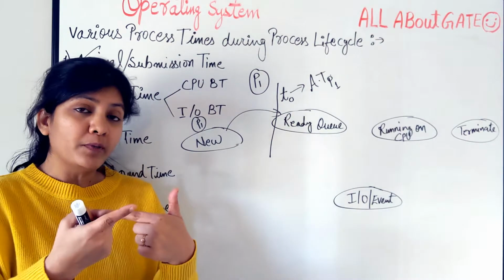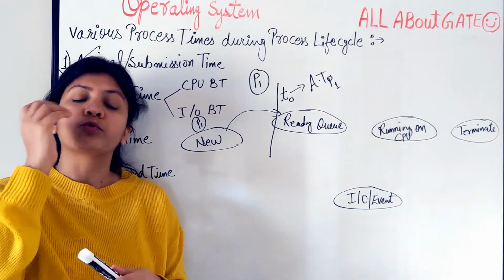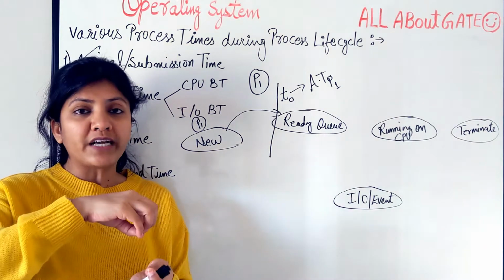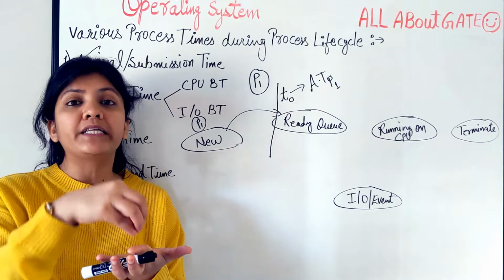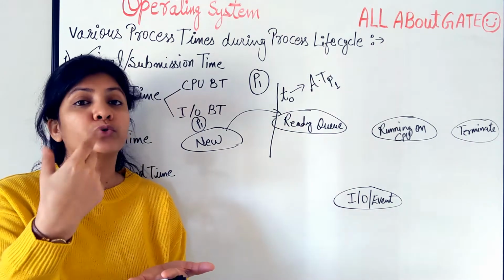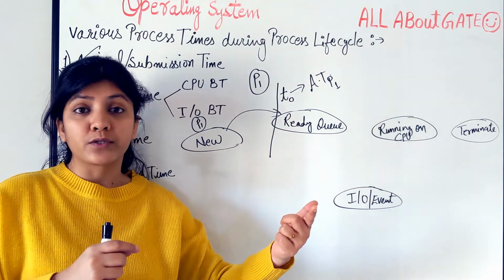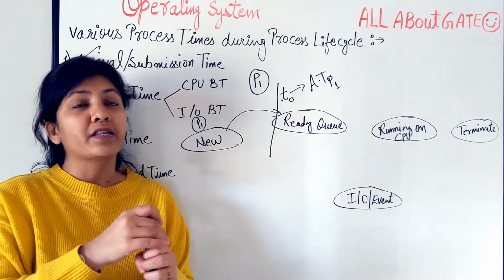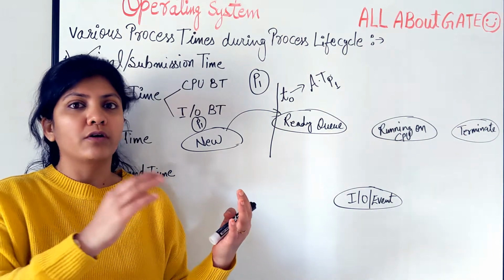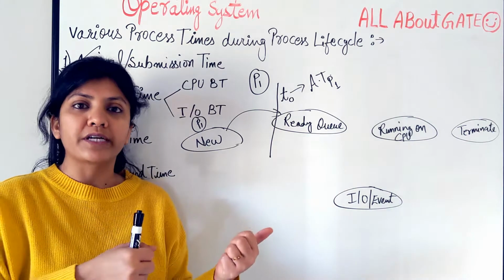Now, why two categories? The CPU burst and the input output burst say that there is an amount of time you need to run your instructions on the CPU, when you need the CPU resource, and an amount of time you need to access some input output devices, the peripheral devices. Somebody might say the CPU will be involved there also because control signals will be generated.